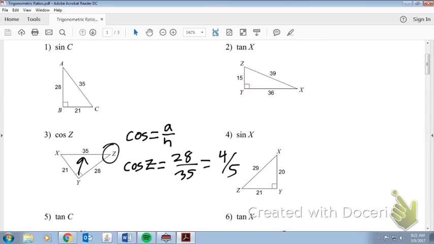So what that means is that the cosine of z, which is opposite the 21, is going to be the same as the sine of a, which is opposite the 21. I hope that makes sense. Remember, sine and cosine switch. So here, we can see that they have kind of the same thing going on. Okay, moving on.